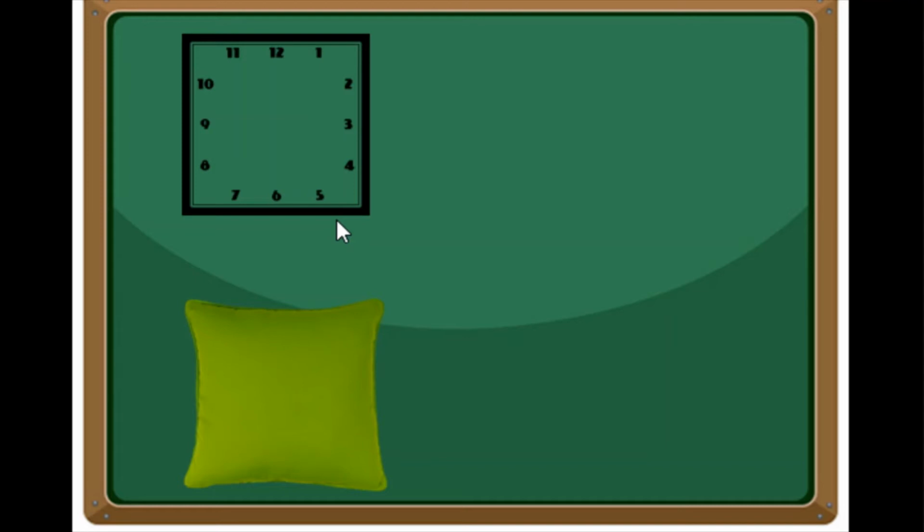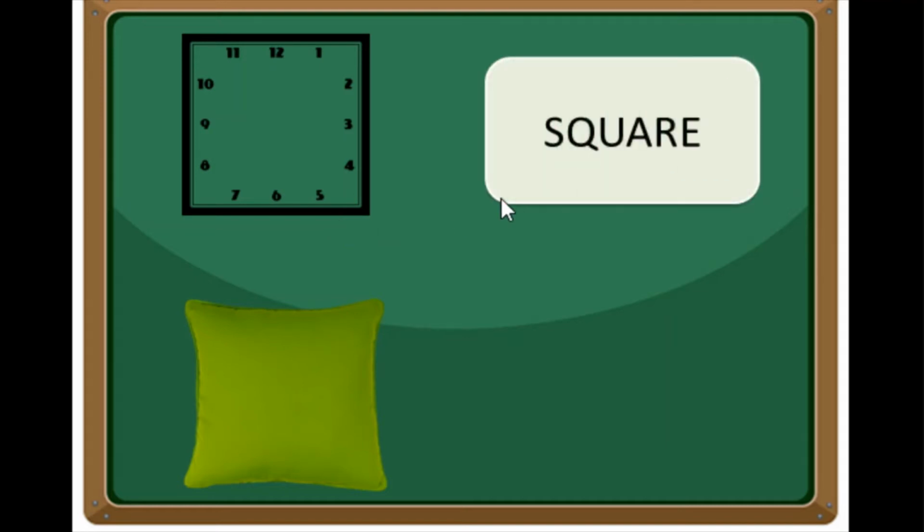Very good! It is a square with 4 equal sides. Great job! How about the pillow? Is the pillow a square or a rectangle? Alright, very good.